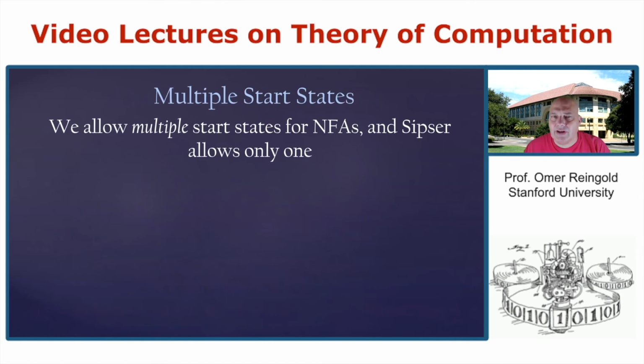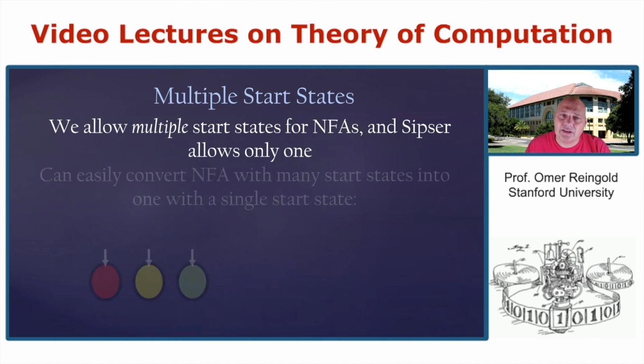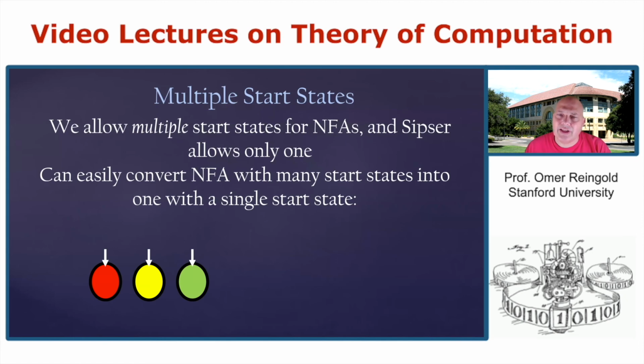And finally, there are two ways of defining NFAs, and here we're going to deviate a little bit from Sipser. Sipser allows a single start state, whereas we will allow multiple start states. The way to convert an NFA with many start states to a single start state is using this epsilon transition.